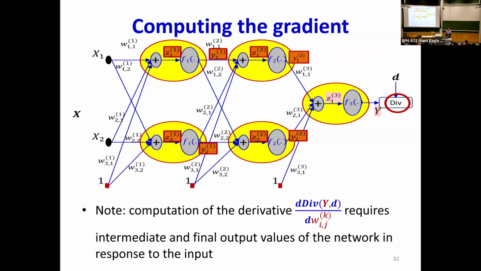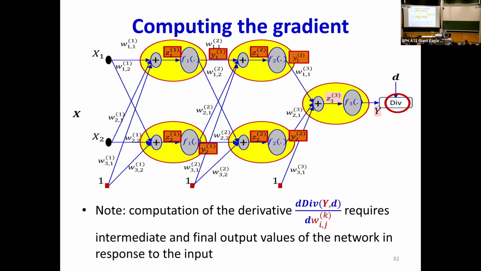Again, we know that when we are computing a derivative, the derivative depends on where you're computing it. It's not a global property, right? Which means for any given input, you need to know where the function is. That means we need to know all the intermediate values, all the z's and all the y's, which are dependent on the input.